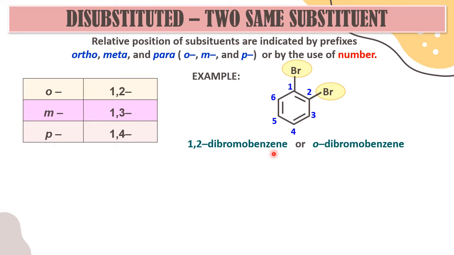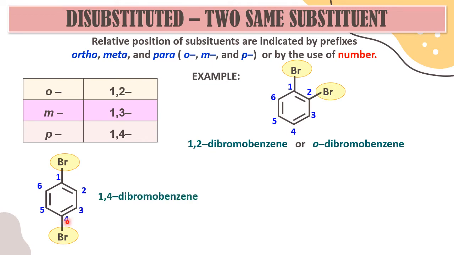Okay, next one. I still have 2 bromines attached to the benzene ring, but at a different position. So this is our bromine, and we have dibromo over here. Let's put the numbers. I let the carbon bonded to this bromine be carbon number 1, and the carbon bonded to this other bromine is carbon number 4.